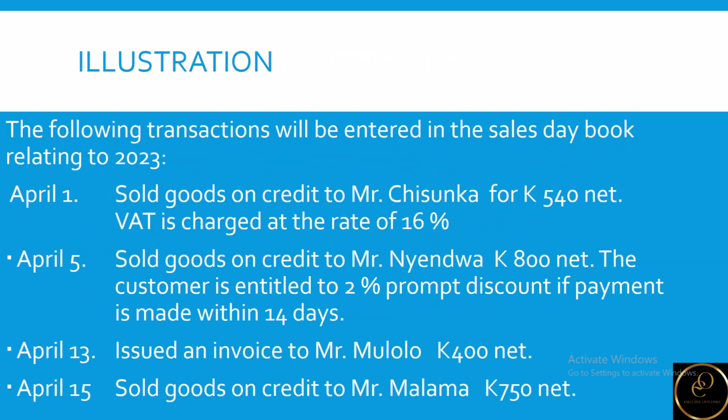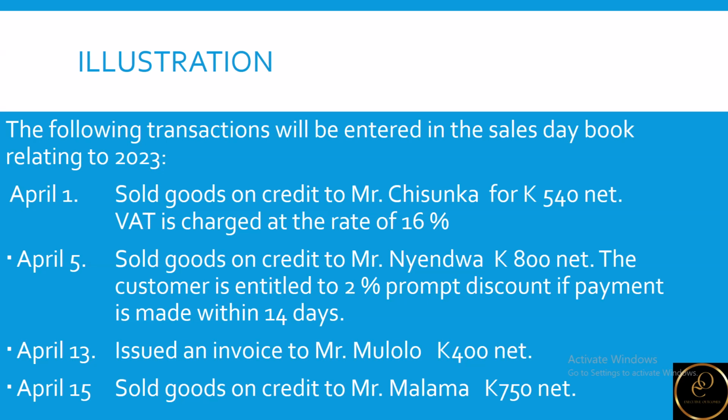Let's look at an illustration. This example looks at the following transactions which will be entered in the sales day book relating to 2023. For the month of April, we have 1st April, sold goods on credit to Mr. Chisunka for Zambian kwacha 540 net.